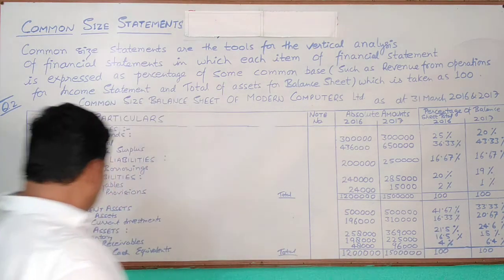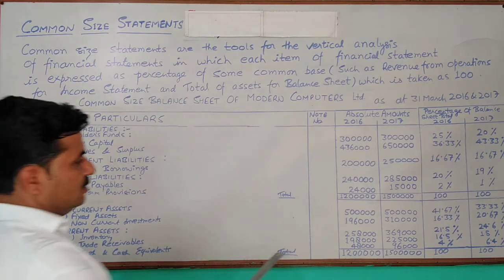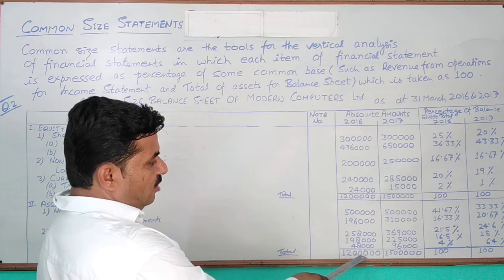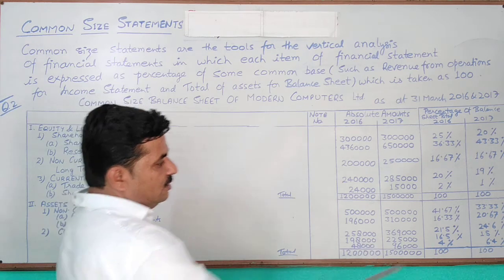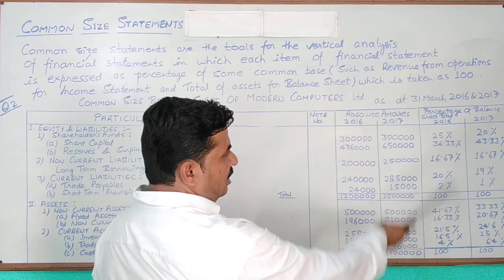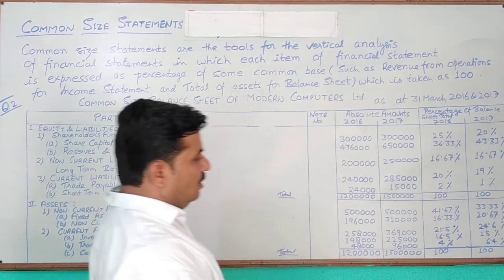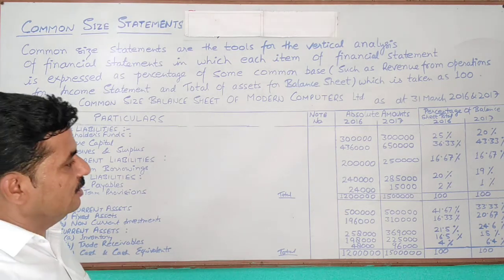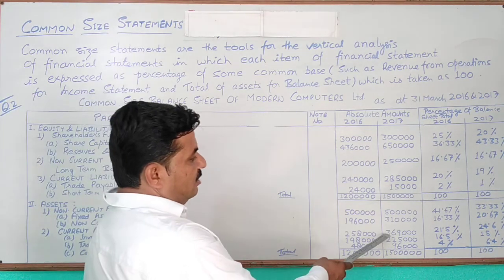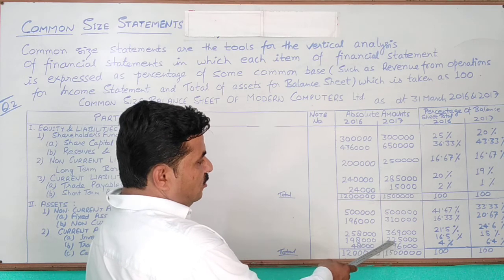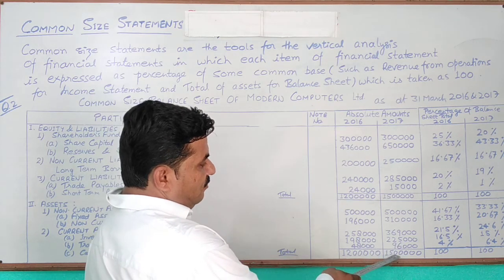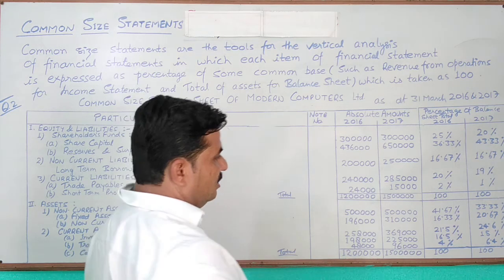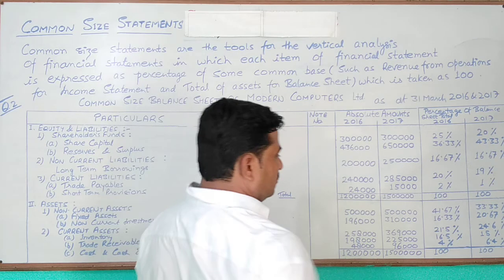Now we talk about trade receivables, which are rupees 1,98,000 divided by 12 lakh into 100, becomes 16.5% for the year 2016. And we get the percentage of trade receivables for the year 2017 by dividing rupees 2,25,000 by 15 lakh and multiplying it by 100, we get 15%.